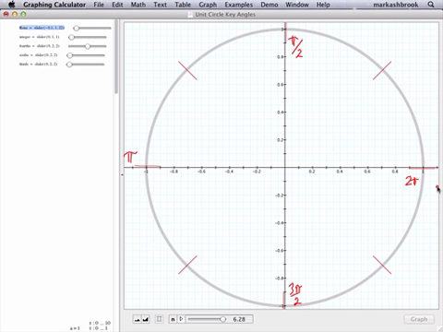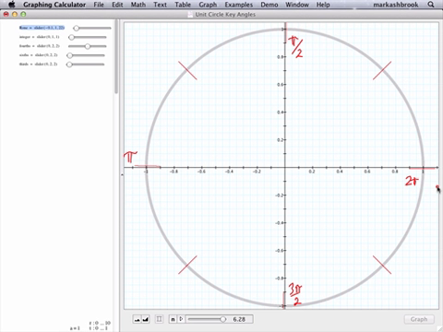This is why we reviewed those over and over again. You've really got to know what cosine spits out and what sine spits out. Cosine spits out horizontal distance to the right of the vertical diameter. What is the horizontal distance to the right of the vertical diameter here? 0. Cosine of 3 pi over 2 is 0.